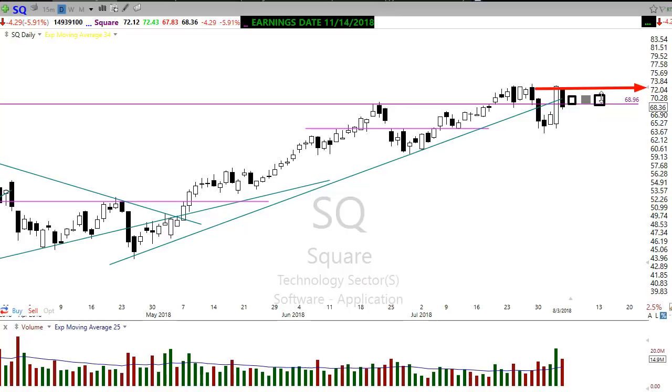I'll place it right across the tops of those candles. Because what I'm looking for is that candle that pops up through there, those buyers really stepping in, pushing this higher. So I'll place an alert up there wherever you want to be alerted on that trade for the next potential move higher.